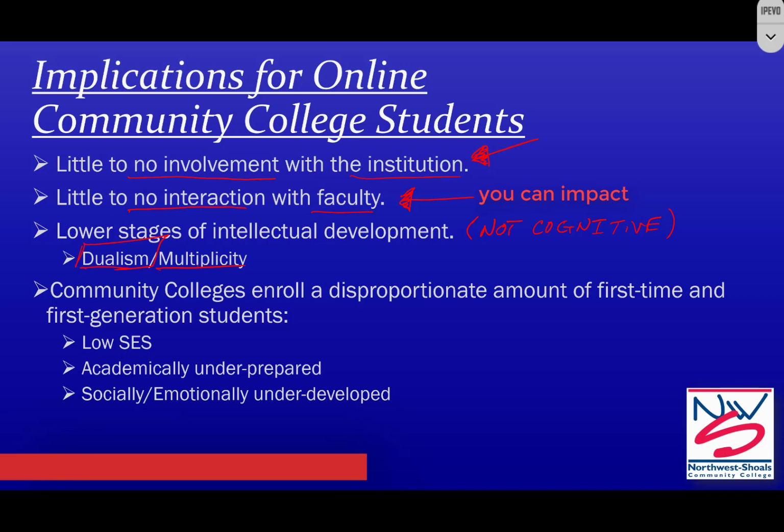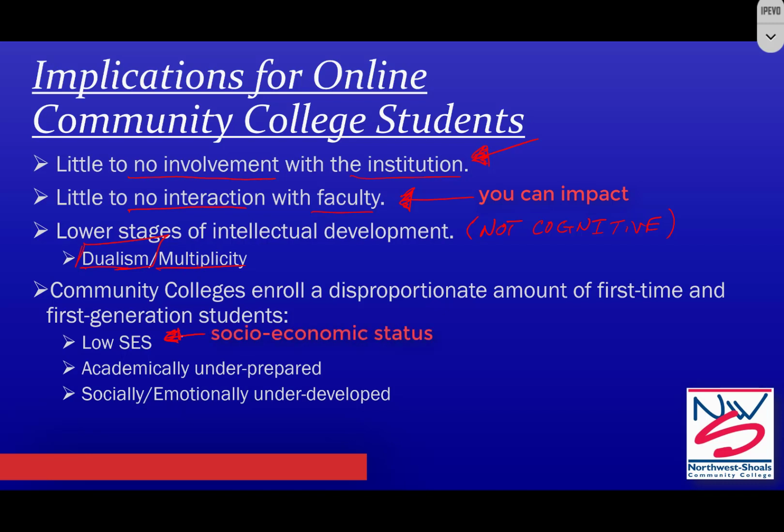Community colleges enroll a very large percentage of first-time and first-generation students, which, again, in general, means that you're going to be looking at a larger percentage of lower socioeconomic status students, right? Their parents don't make as much money.